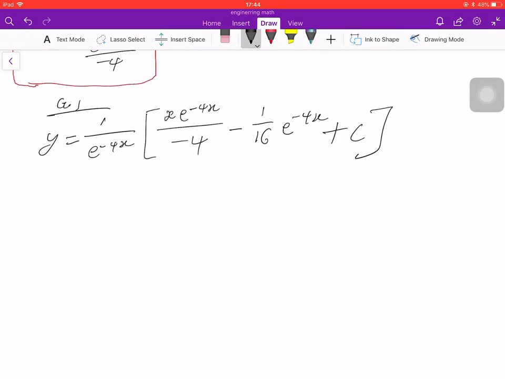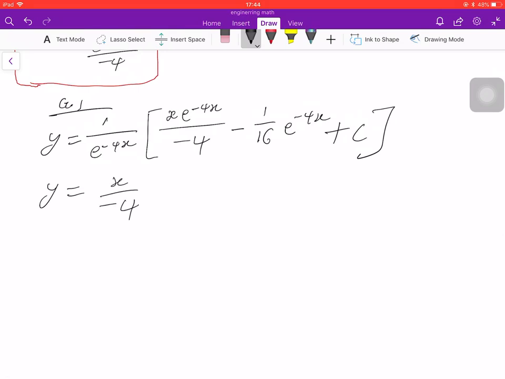Right, so we can simplify this. We have x over minus 4, and we can cancel this out, with minus 1 over 16, and here we have c multiplied by exponential of 4x. So this will be our general solution.